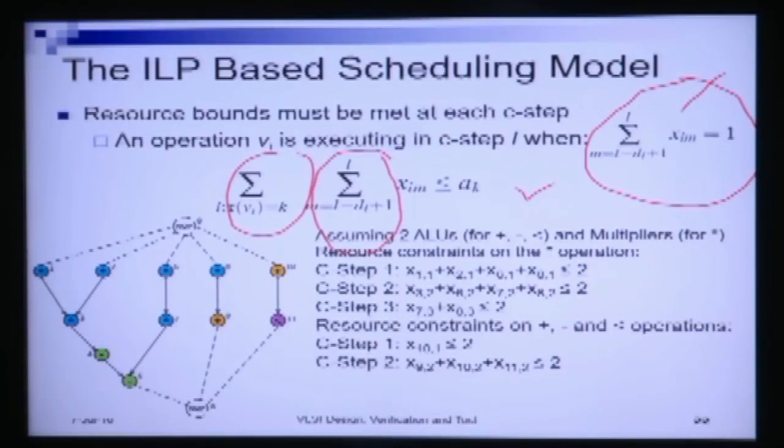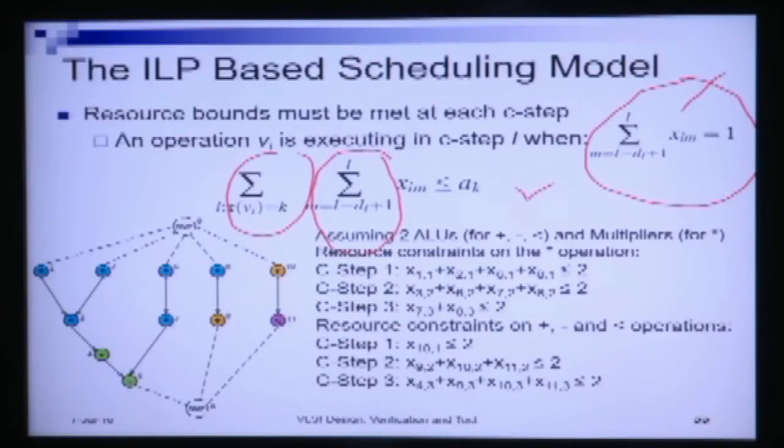The 10th operation can also be scheduled in time step 2, the 11th operation can possibly be scheduled in time step 2, and the 9th operation can possibly be scheduled in time step 2. So, we have the constraint as x92 plus x102 plus x112 less than equal to 2. Although we are assuming here that it is possible to schedule the 10th and the 11th operations together, this possibility will be discarded by the dependency constraints that we have seen in the last slide.